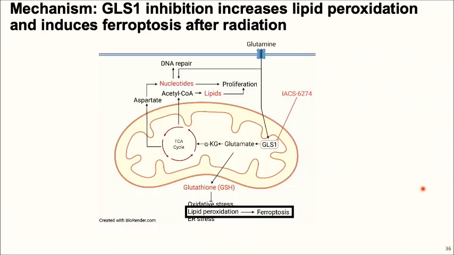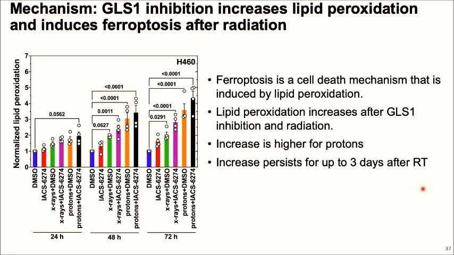Then we also looked at lipid peroxidation and ferroptosis. Ferroptosis is a cell death mechanism that's induced by lipid peroxidation. And lipid peroxidation increases after GLS1 inhibition and radiation. Also the increase is higher for protons, and again, the increase persists for up to 3 days after radiation.